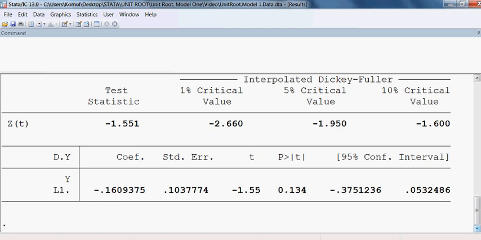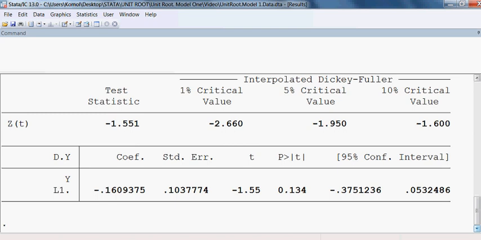And you can see here our test statistic absolute value is 1.55, which is less than 1.95, meaning that we cannot reject the null hypothesis, meaning that we accept the null hypothesis. And what is our null hypothesis? Y has unit root.